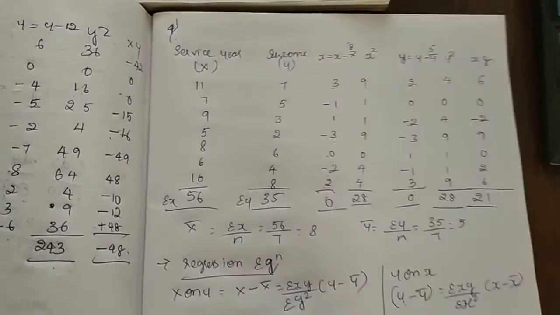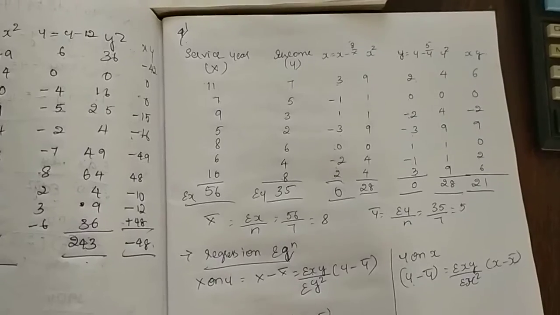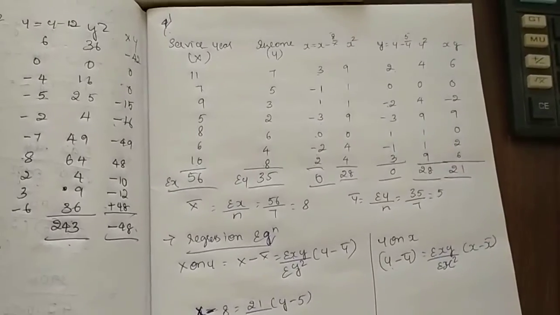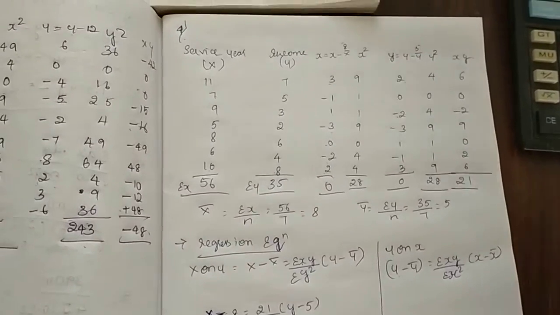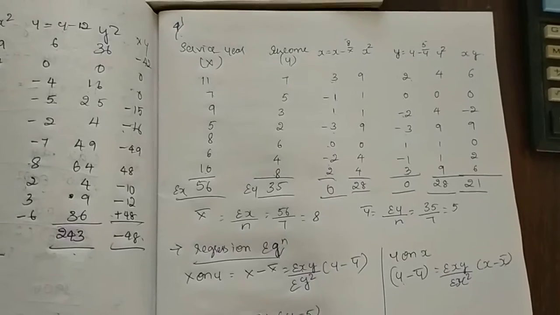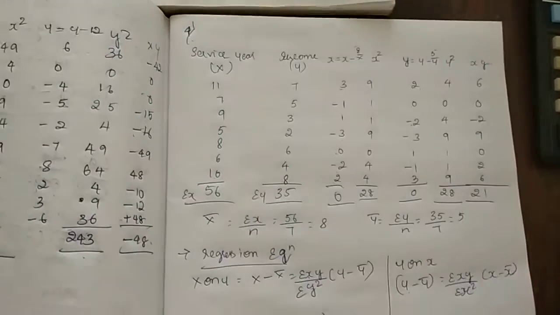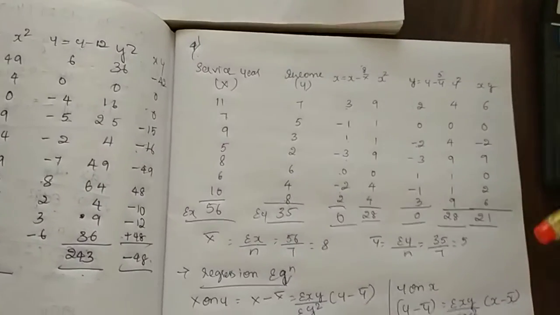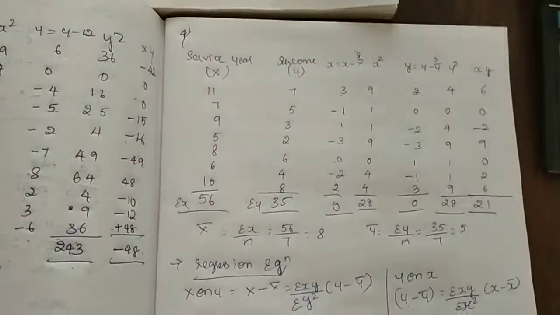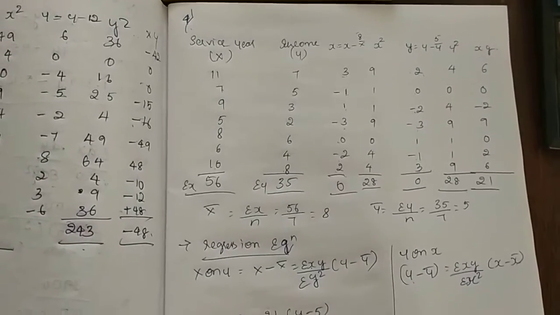X is equal to 0.75 Y minus 3.75 plus 8. So we have to add 8 and subtract 3.75. We get 4.25. So this is one equation.